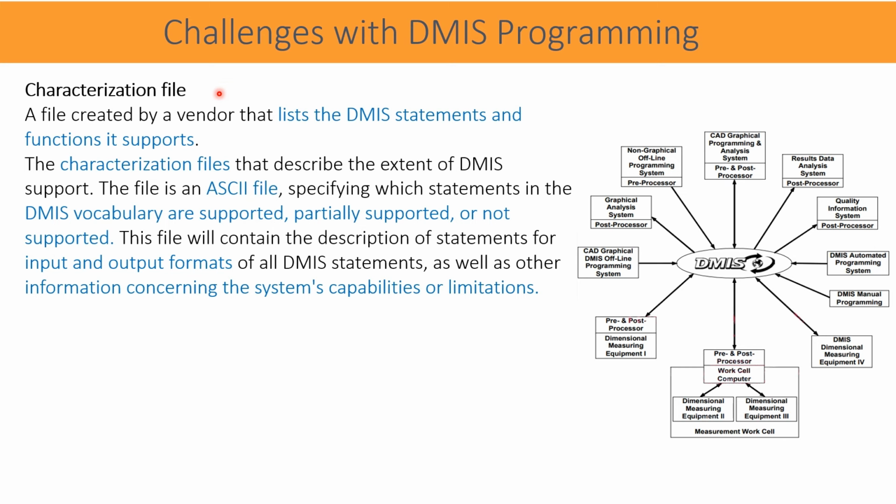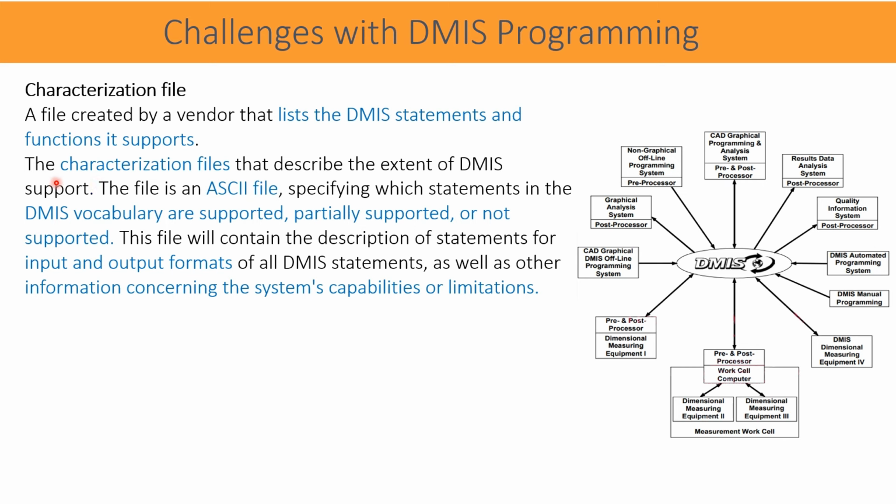That information is available in the characterization file, a file created by a vendor that lists the DMIS statements and functions it supports. So anyone can see the characterization file and find out whether any statement is missing or all the required statements are available.